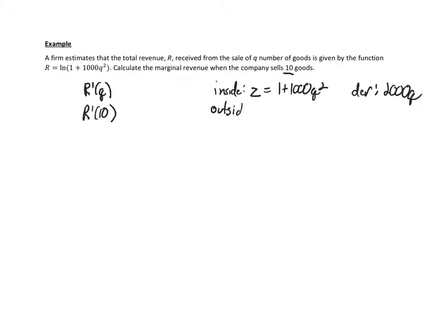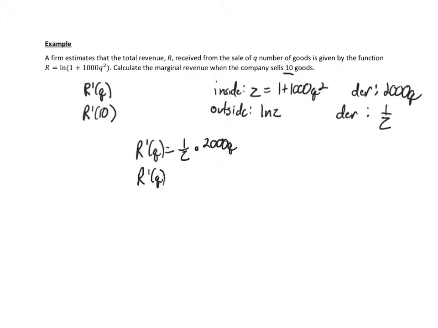The outside function, if I renamed the inside part of it z, would be the natural log of z, and its derivative is 1 over z. So r prime of q equals, we multiply those two things together, 1 over z times 2,000 q.